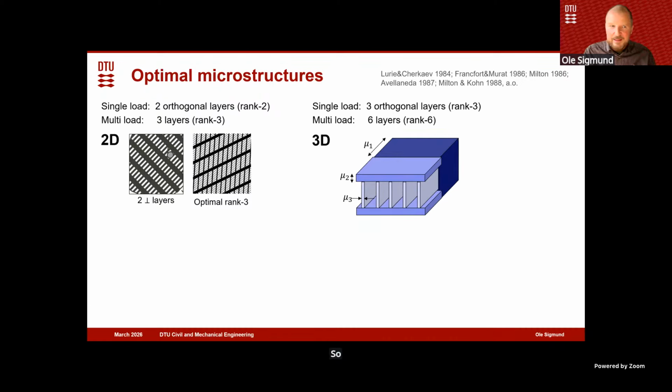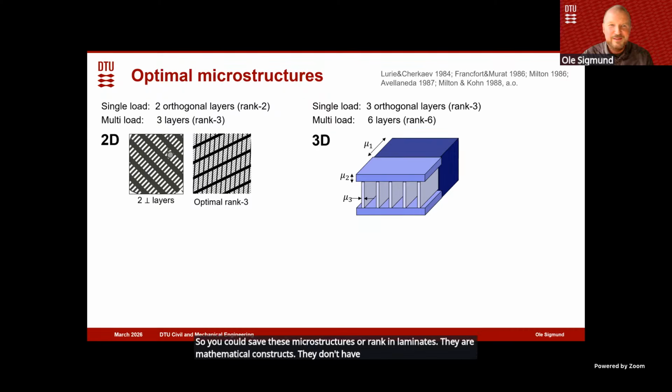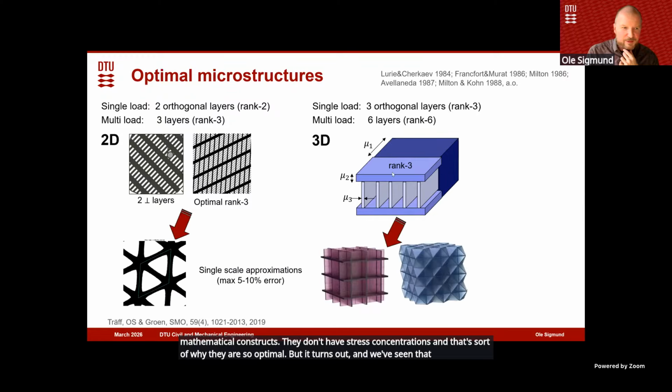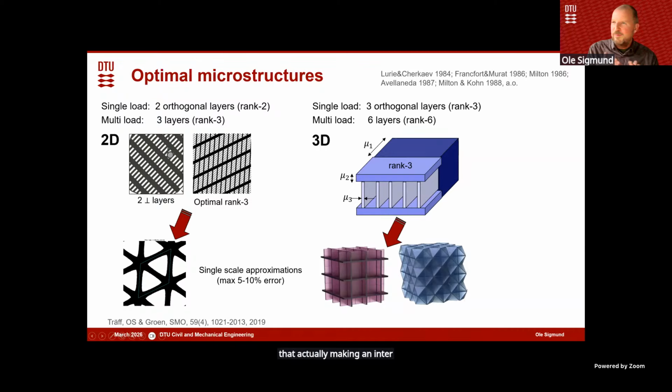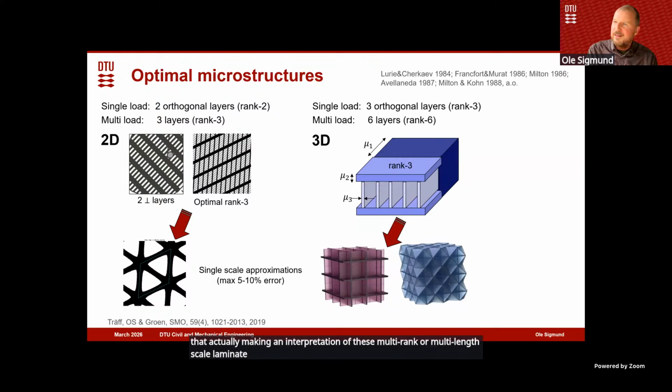So you could say these microstructures, or rank-n laminates, are mathematical constructs. They don't have stress concentrations, and that's sort of why they are so optimal. But it turns out, and we've seen that also already in the beginning works by Bendsøe and Kikuchi, that making an interpretation of these multi-rank or multi-length scale laminates to a single length scale doesn't deteriorate the stiffness very much.